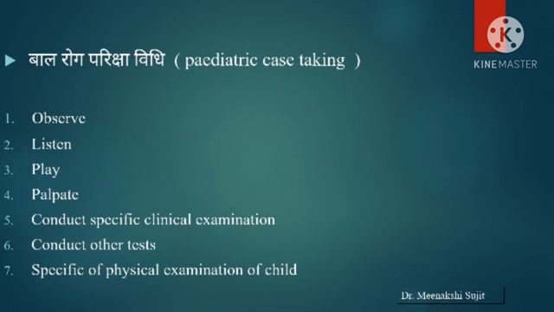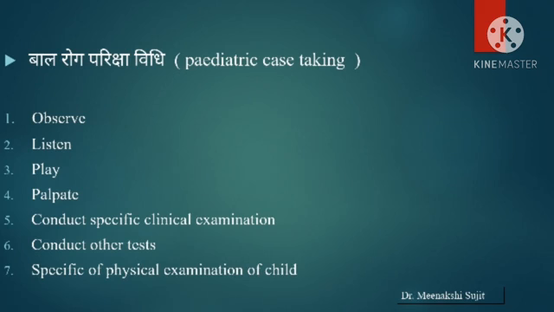Conduct other tests. If you want the reports of blood tests or scans or something, because if he is having abdomen pain, internal organs we can't see with our eyes, right? We want the scans of the abdomen. If he is having any cough problem, we need the x-ray reports. Like that, conduct other tests and specific physical examination of a child.